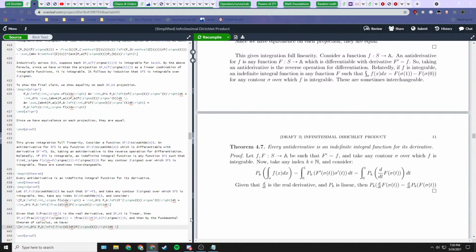so we had this, and we're going to pull in this p sub k, just like we said. And then by the fundamental theorem of calculus, this is just whatever this is at 1 minus its value at 0.